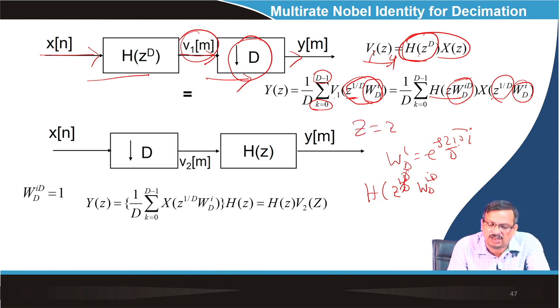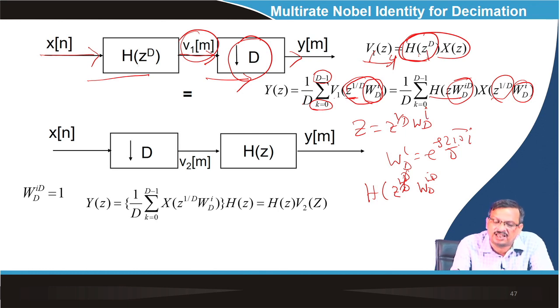Z is equal to z to the power 1 by d times W_d^i, I put that in. Since z to the power d already exists, it will be z times W_d^(i d), and X of z to the power 1 by d times W_d^i.